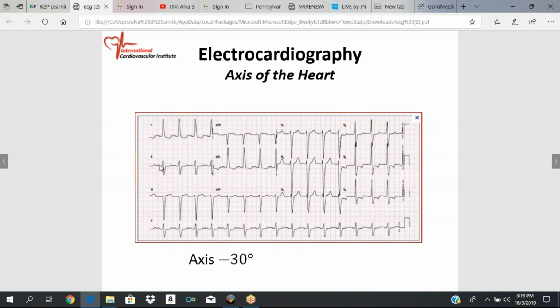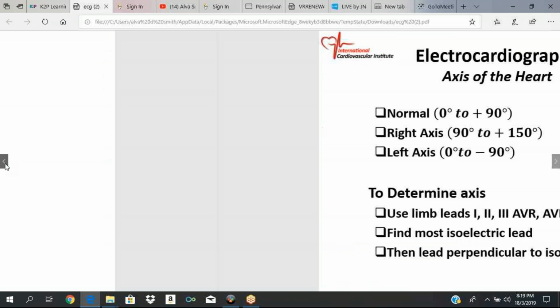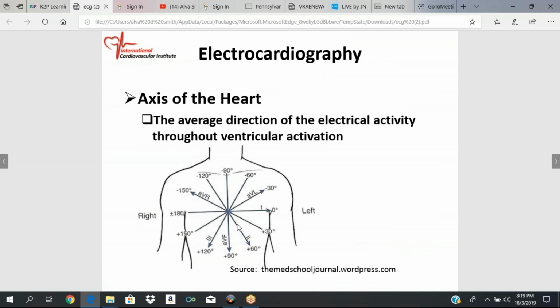You can see the portion going up is almost equal to the portion going down. So of all your limb leads, lead 2 is the most isoelectric. The lead that is perpendicular to lead 2, let's go back to your cheat sheet. This is lead 2.